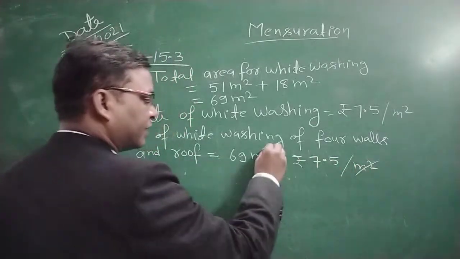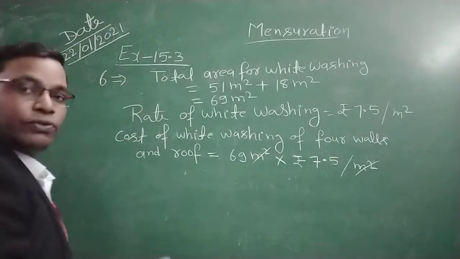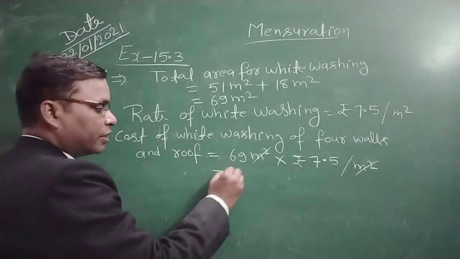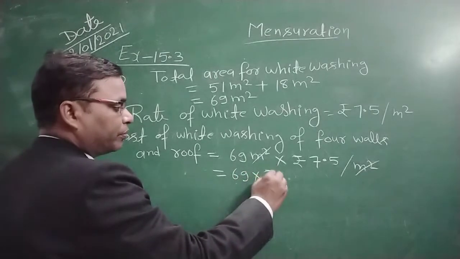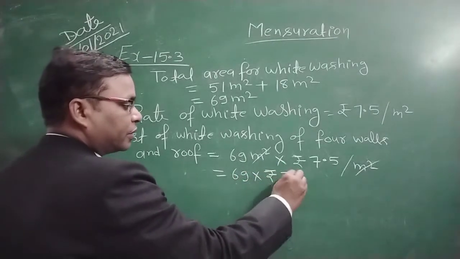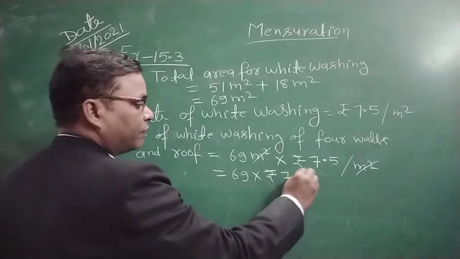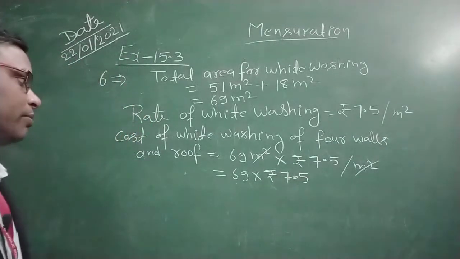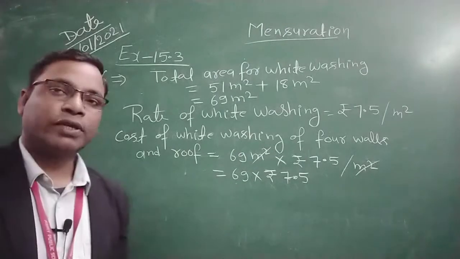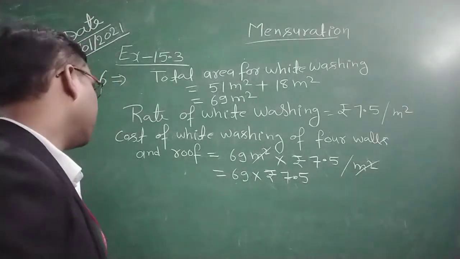You can cancel meter square here. Then you get 69 into rupees 7.5. Clear? Now if you multiply them, then you get the cost of whitewashing.